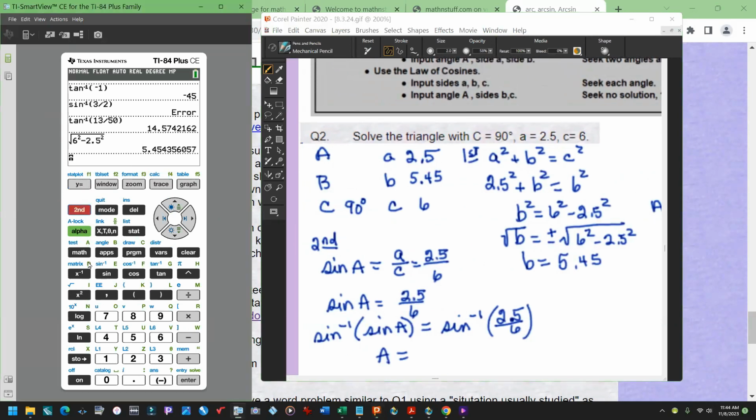Arcsine of 2.5 divided by 6. That's 24.62.